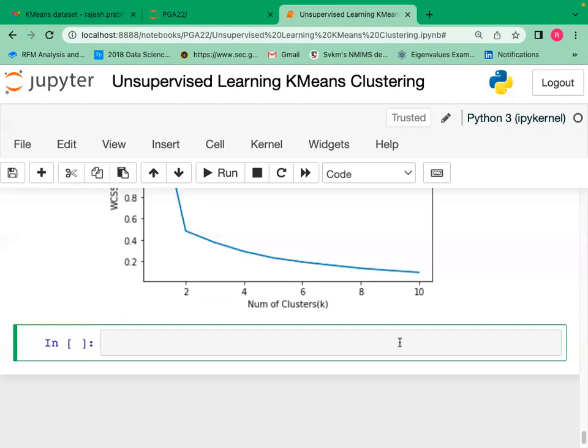Random state is like setting the seed, because there is random selection of clusters. If you don't set the seed, each of us will have a different random result. If we set the seed as 42, all of us will have the same random selection. In most algorithms, there is a random component. Whenever there is a random component, in Python it is random_state. You fix the random_state as 42 or 1, 2, 3, some value you give it, and every time you run, you'll get the same output.